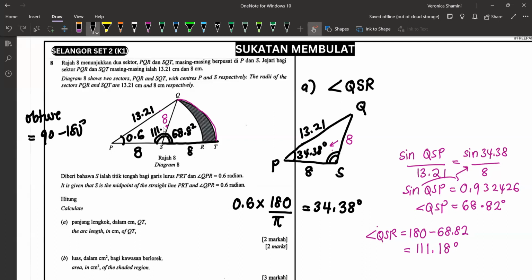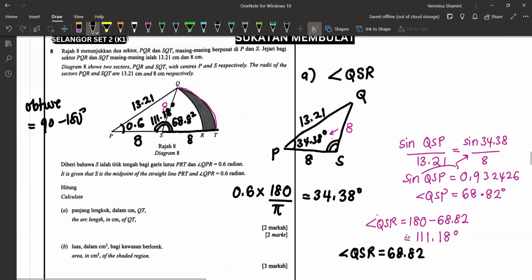This one should be 111.18. Yeah. Okay, should be like that. So, maksudnya kita terbalikkan lah. Okay. So, QSR, since it is acute angle, kita ambil 68.82. Tapi sekarang, kita tukar dia. Okay, tukar to radian lah. Because we want to cari the panjang, isn't it? Okay, times pi over 180.